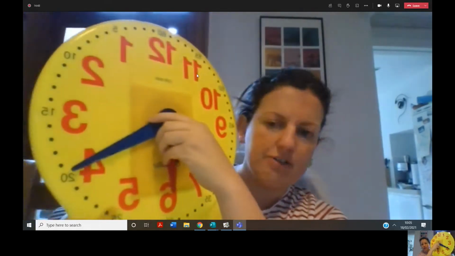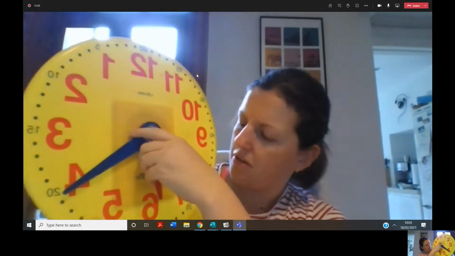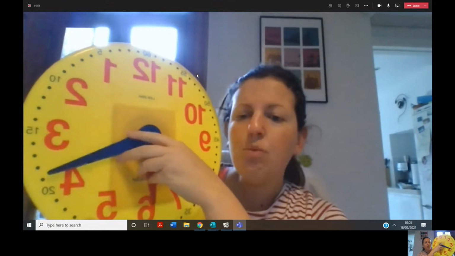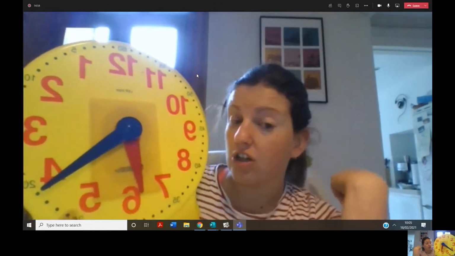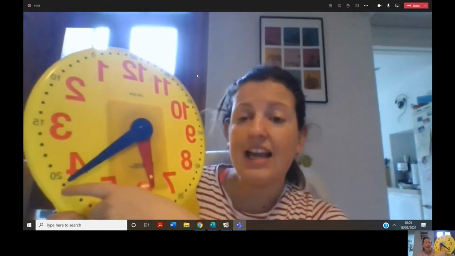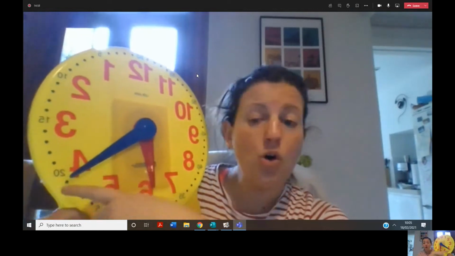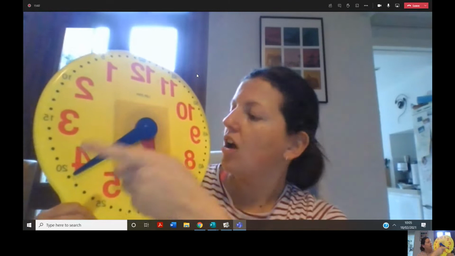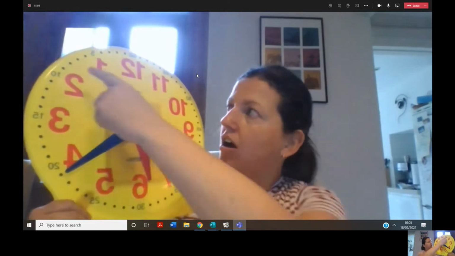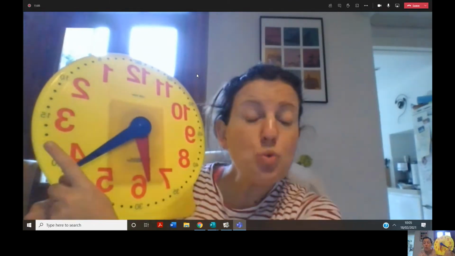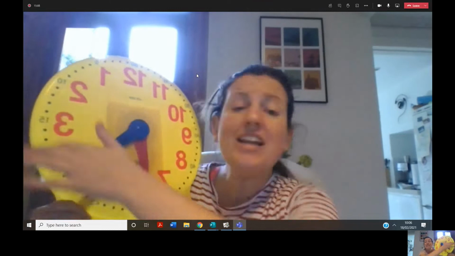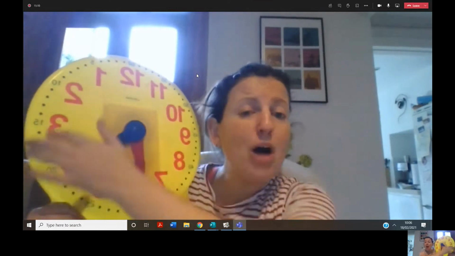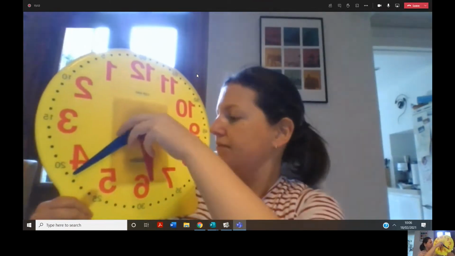Let's have another look at another example. Told you these clocks are temperamental. I wouldn't say here it's 6:04. Doesn't make sense. I would say it is 5, 10, 15, 20 past 6. It's 20 minutes past 6 o'clock.